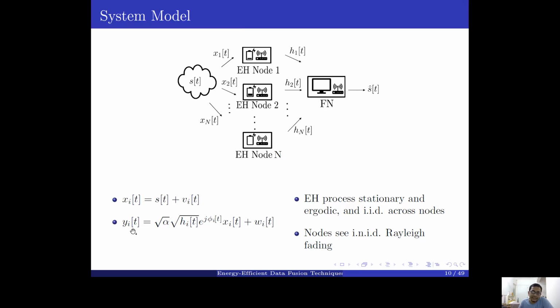Y_i,t is the signal received at the fusion node from node i at measurement round t. It consists of an amplification factor alpha, the channel fading, the observation recorded by the EH nodes and the corresponding receiver noise.